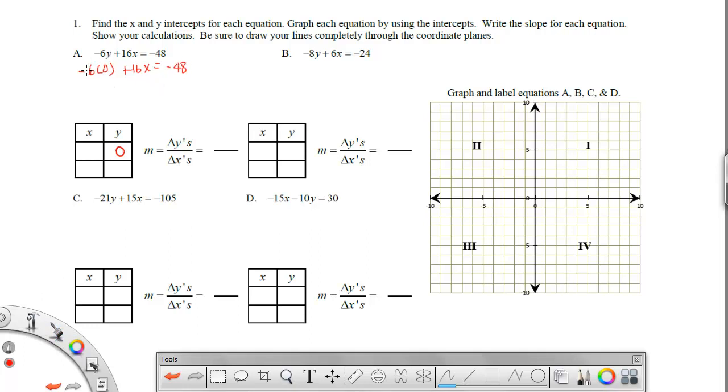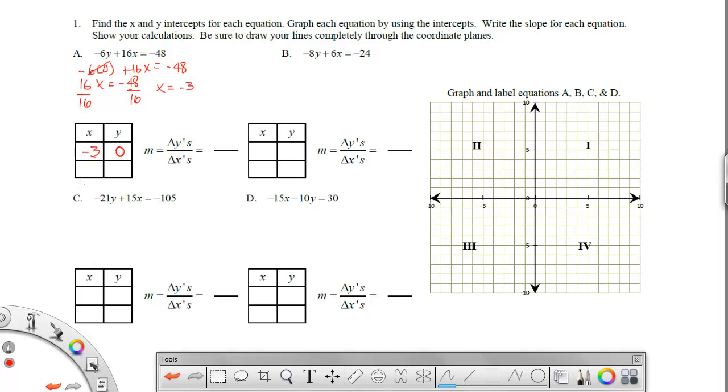So we know that anything times 0 is 0, so that's really going to cancel out to 0. So now this equation becomes 16x equals a negative 48. And then we just simply do our division here. We want this to be 1x. Well, 16 over 16 is 1, so that's really division there. So we divide 16 to each side, so x equals a negative 3 when y is 0.